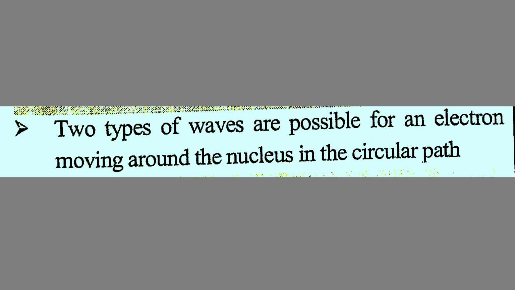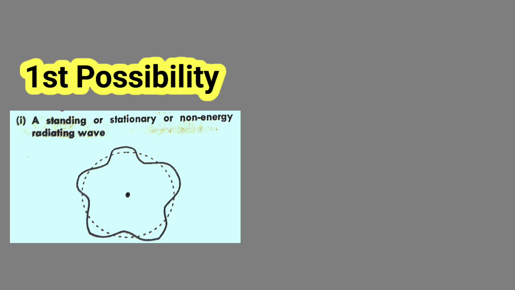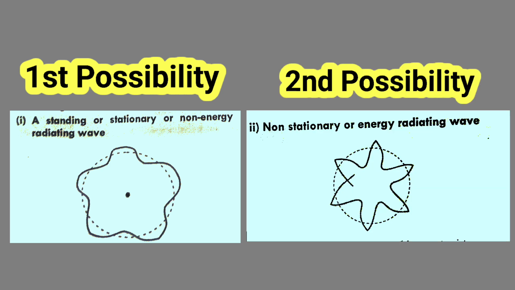Here two types of waves are possible for an electron moving around the nucleus in the circular path. First possibility is a standing or stationary or non-energy radiating wave. Second possibility is a non-stationary or energy radiating or non-standing wave.